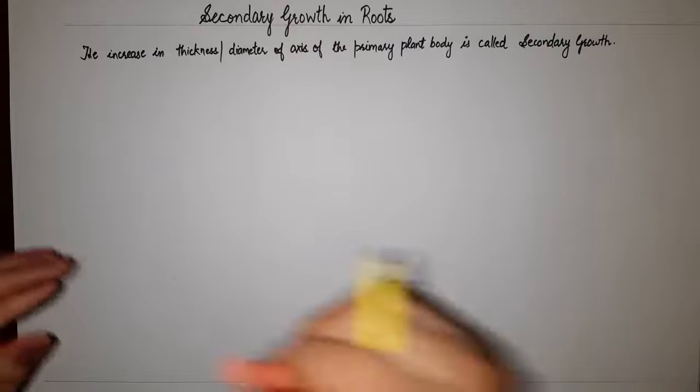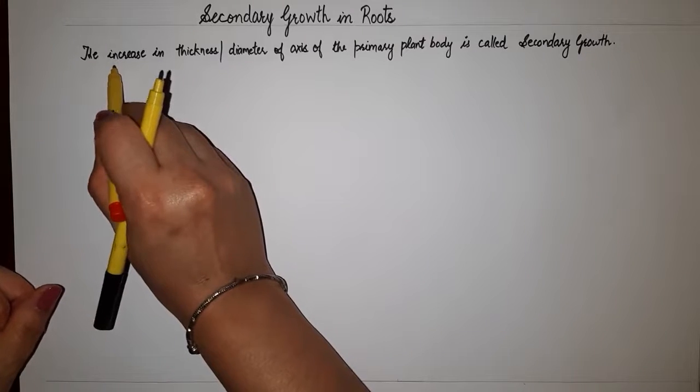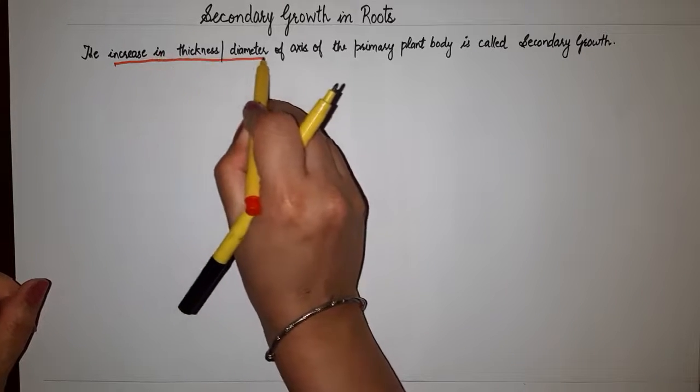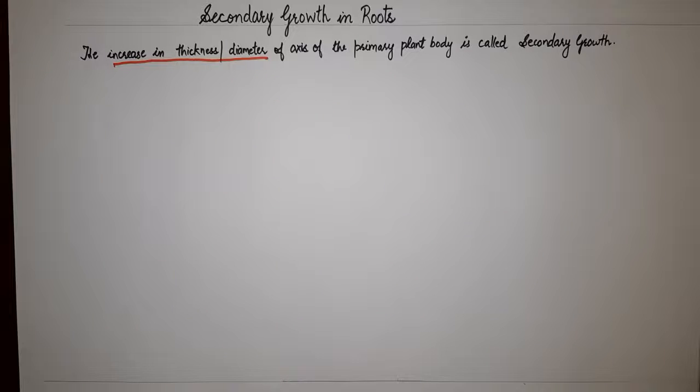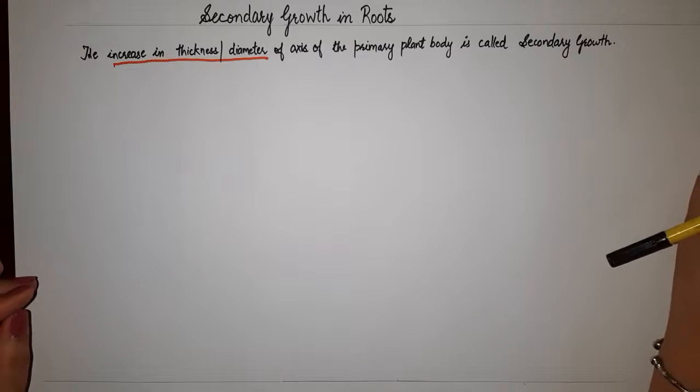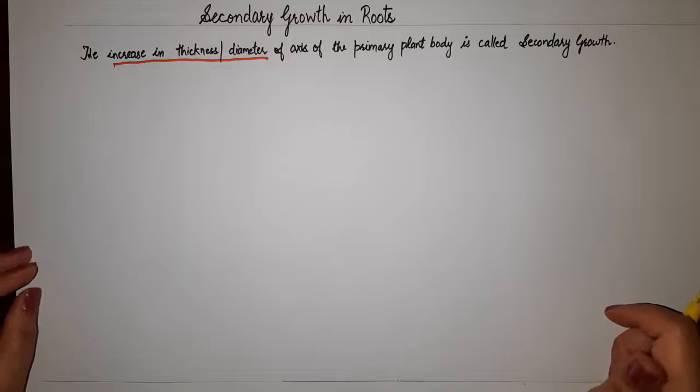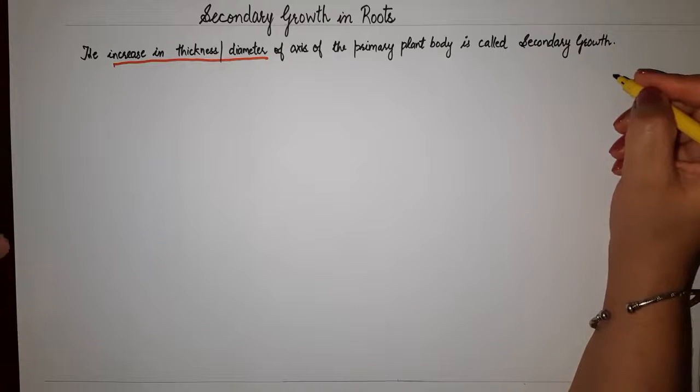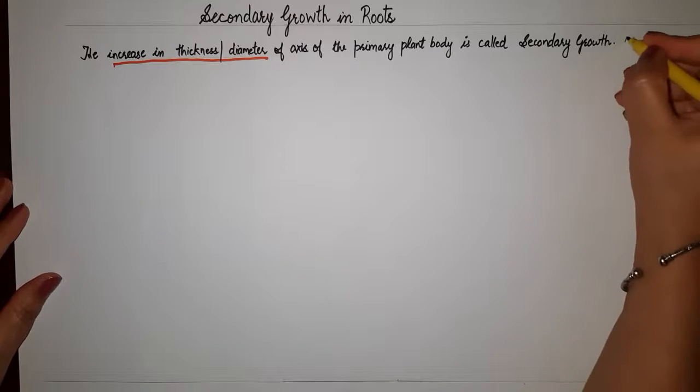So it means whenever there is increase in thickness or diameter of the axis, we call it that the secondary growth has taken place. Now, which tissues are involved in this?